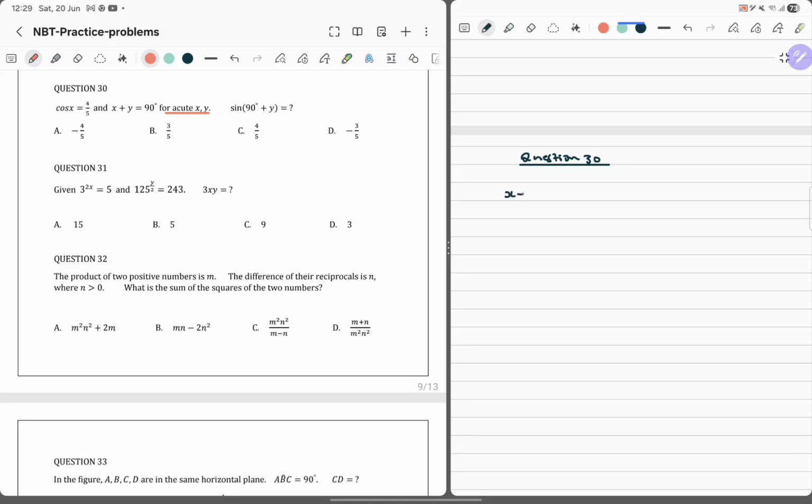So first of all, we know that x plus y is 90 degrees. This means y is going to be 90 degrees minus x. Also, we know that sine of 90 degrees plus y is going to be the same as cos of y. Now cos of y is the same as cos of 90 degrees minus x.